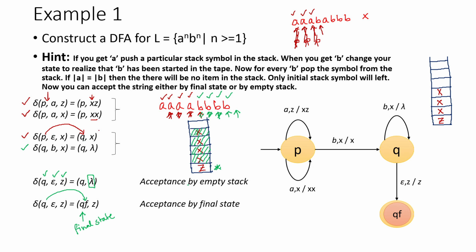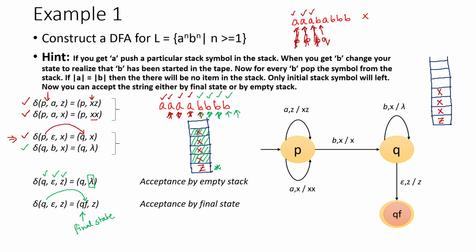Then naturally it will use the transition function where, in state P right now, without consuming any symbol, your top of the stack is X, you can change your state from P to Q. So you will remain here, your new state will be Q instead of P. That's all. But you will remain in the same position, right?